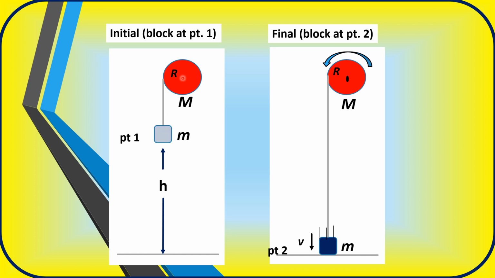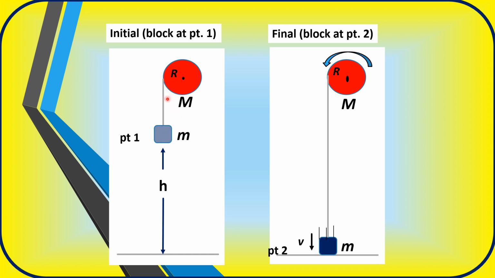Now the free end of the cable is tied to a block of mass small m here, and this mass of the block is also given. At first it was held at rest and then released.